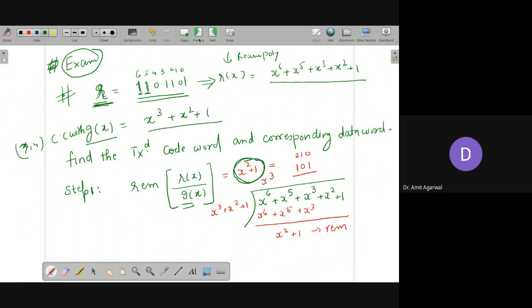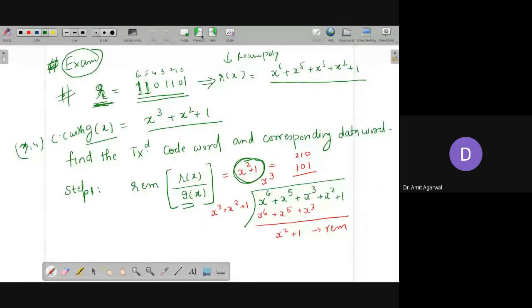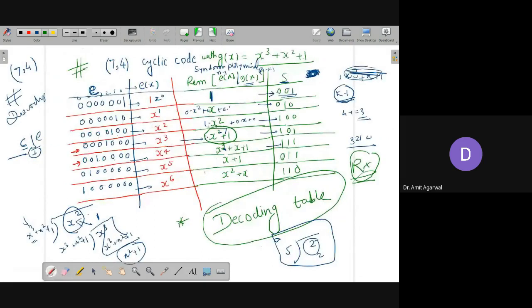We have already made the decoding table, because at the receiver we need the decoding table to decode. So once we get R(x), we divide it by G(x), and whatever remainder we get is the syndrome polynomial, right? The syndrome polynomial we see is x square plus 1.